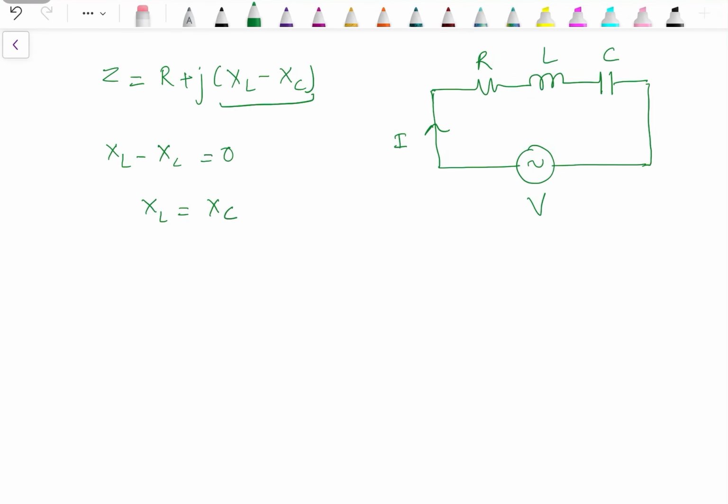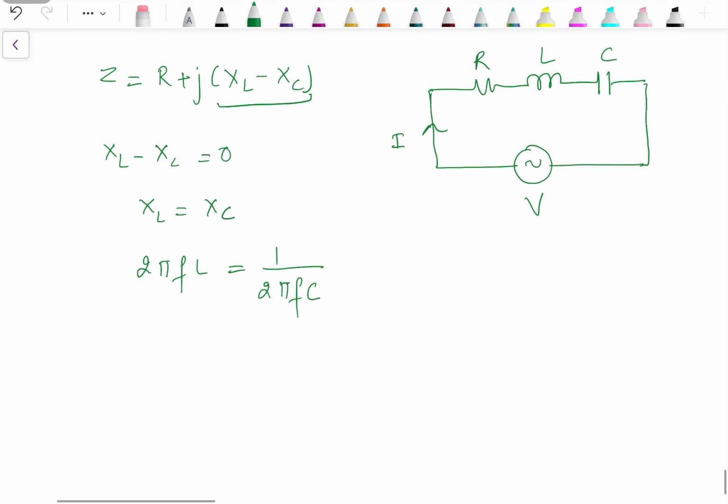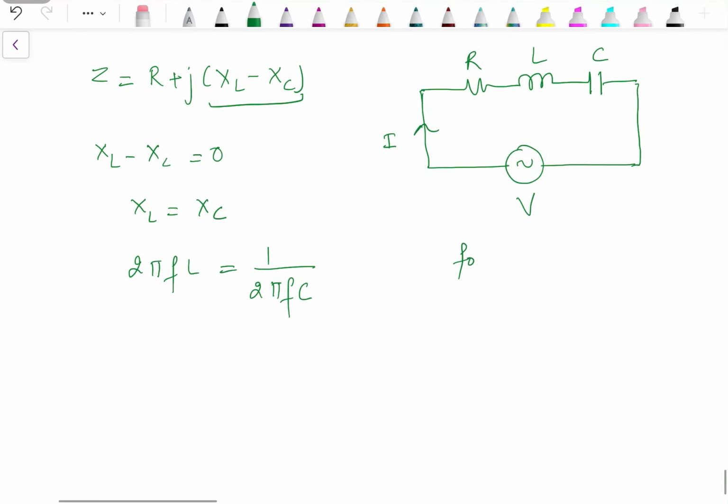So XL is 2 pi FL, XC is 1 upon 2 pi FC. Since this is the resonant condition, we can denote the frequency either by F naught or by Fr, which is known as resonant frequency.